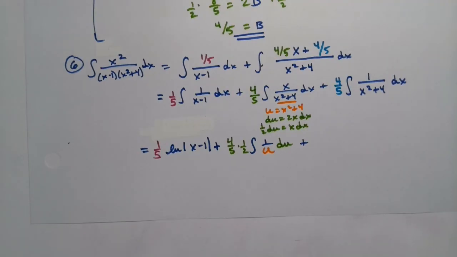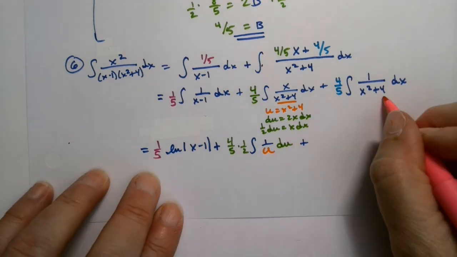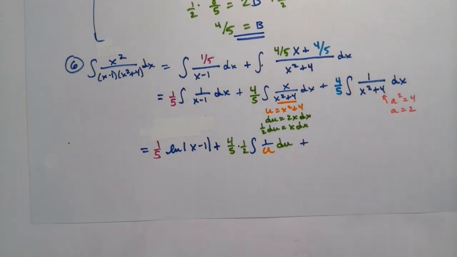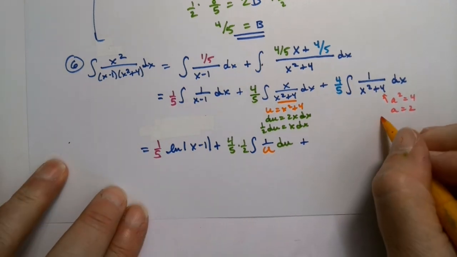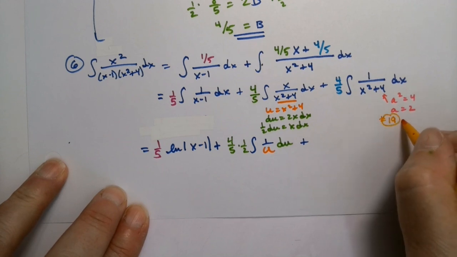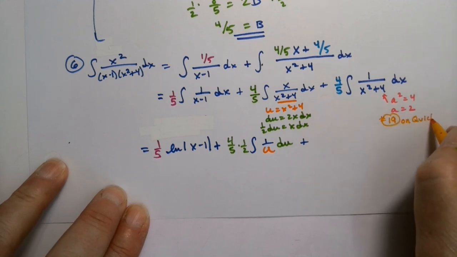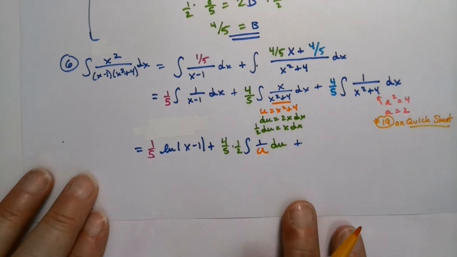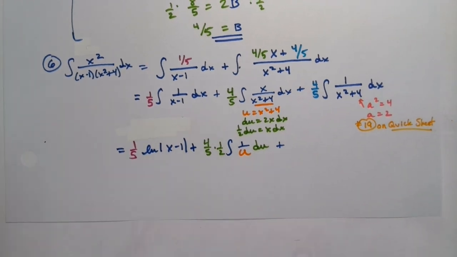A squared is 4. So that means that A is 2, and it's rule number 19. Now I keep referring to the quick sheet. That's because later this chapter we're going to get the long sheet, the one that's not so quick. So we'll get there in another section.